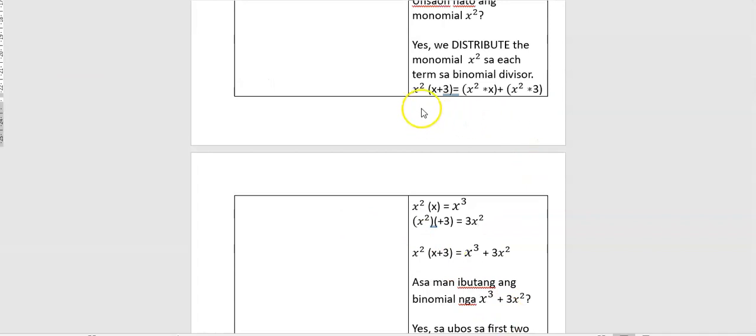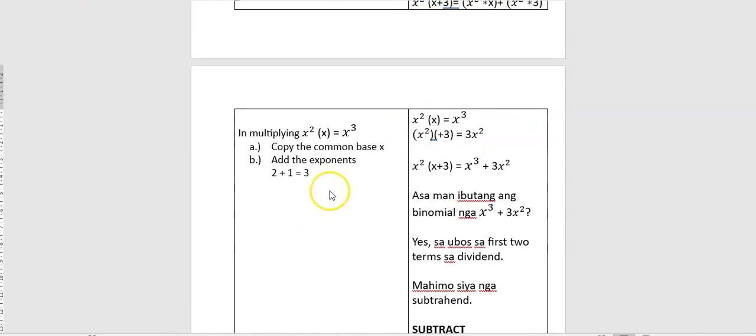So we say x squared times x plus x squared times 3. Right, so in multiplying x squared times x, we notice that we have a common base. So, we copy the common base x and then add the exponents. 2 plus 1 is equal to 3.